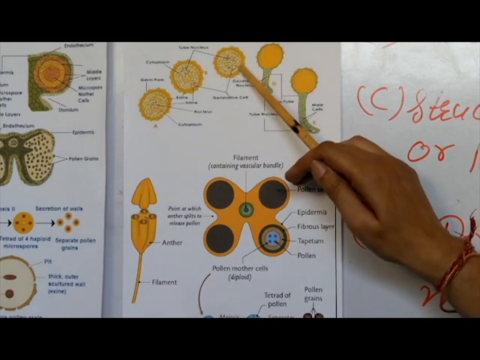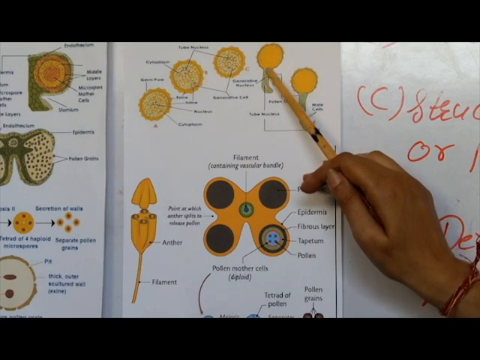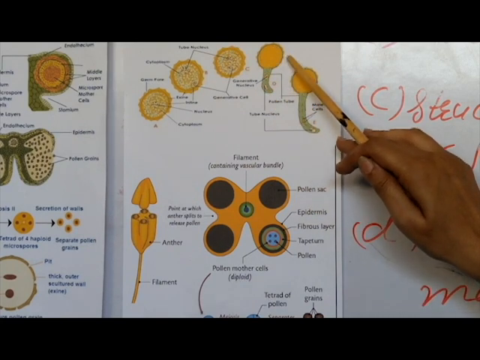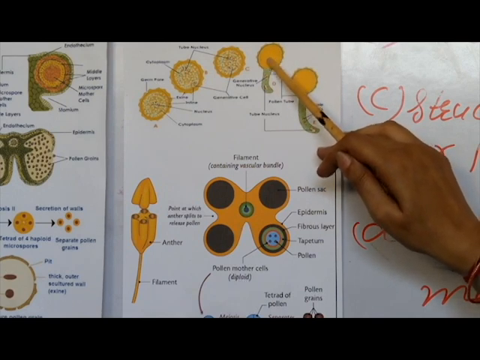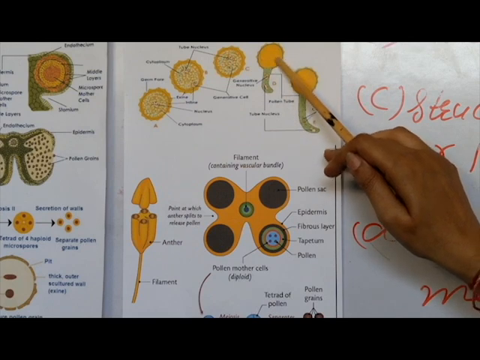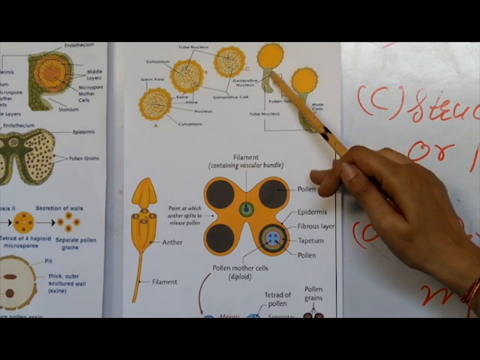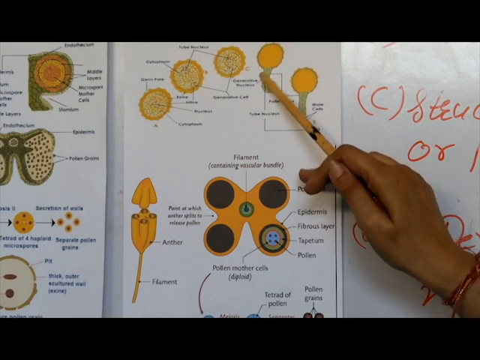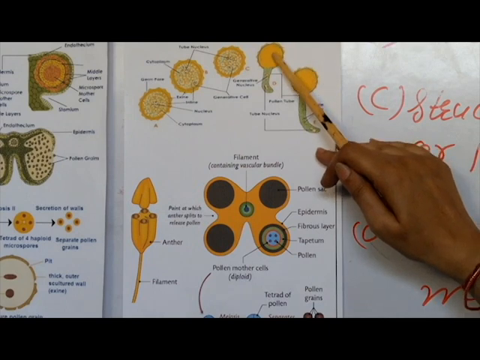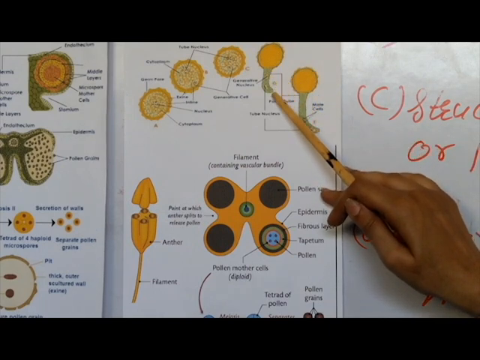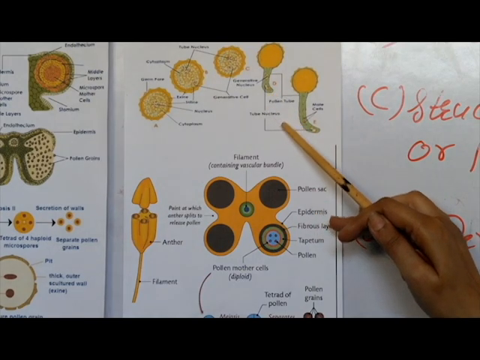Okay? So when a pollen grain falls on the stigma, the pollen grain starts germinating. It absorbs nourishment from the stigma. And how is it activated? Its vegetative cell and intine wall come out. You can see it in the form of a pollen tube. It is being formed from the vegetative cell, and the nucleus of the vegetative cell shifts towards the tip. It guides the pollen tube in the female part.